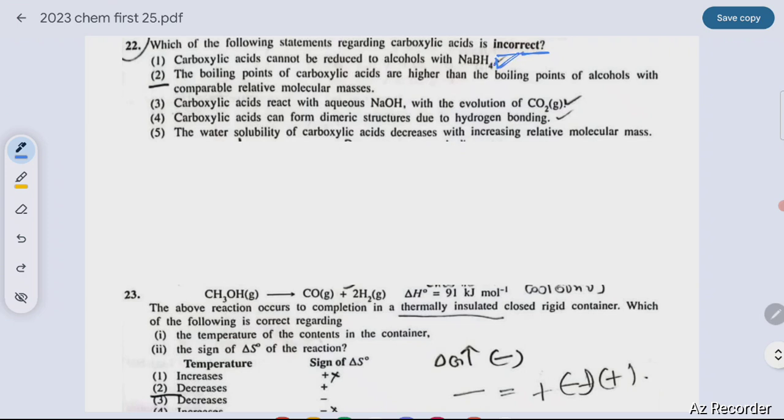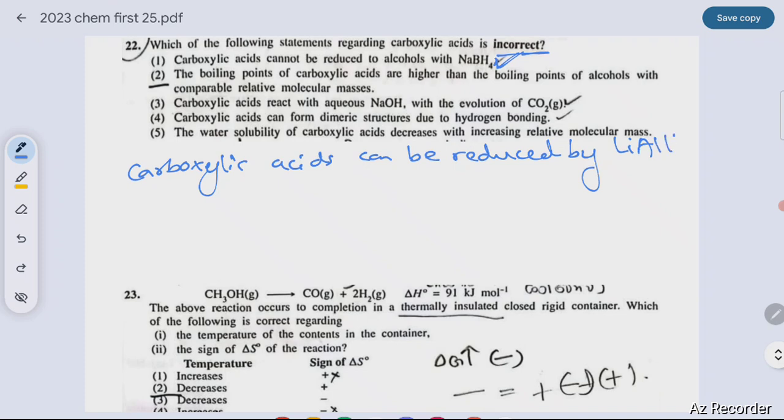Because carboxylic acids can be reduced to alcohols by lithium aluminium hydride, not sodium borohydride. So the first is correct.